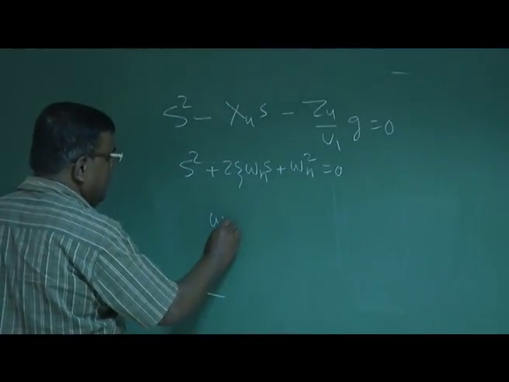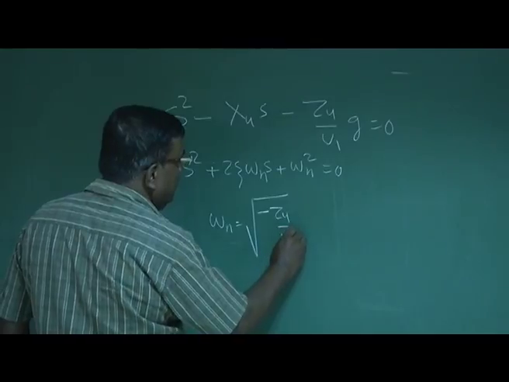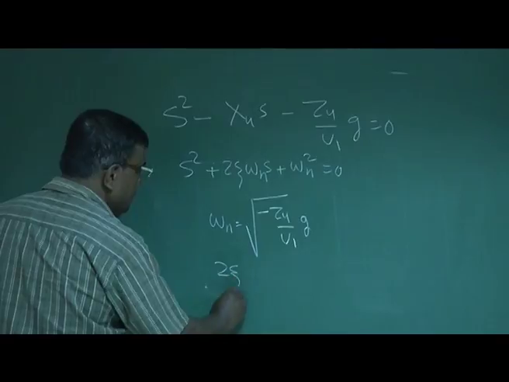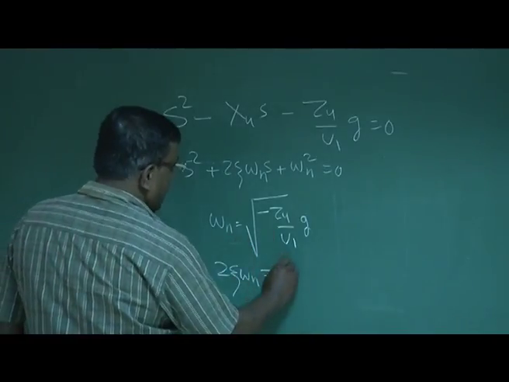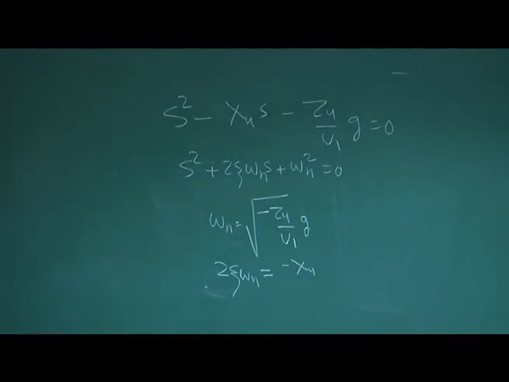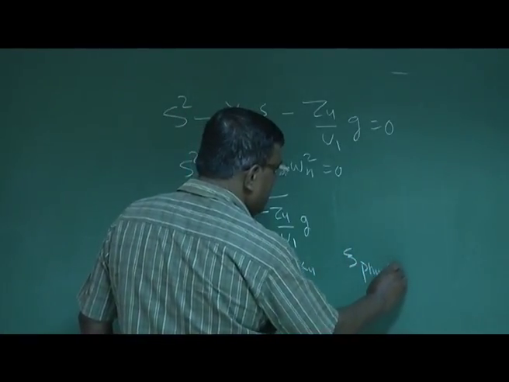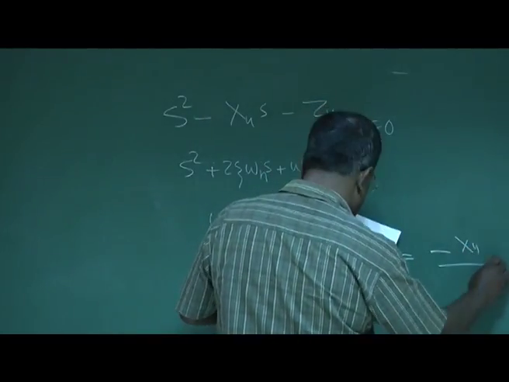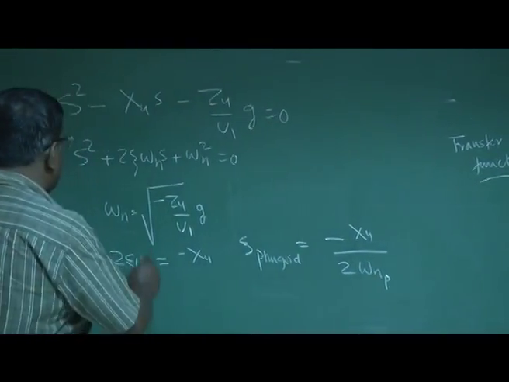So I know omega n is equal to under root of minus zu by u1 into g, and 2 zeta omega n equal to minus xu, that's all. Or zeta Phugoid is equal to minus xu by 2 omega n Phugoid. So I call this Phugoid.